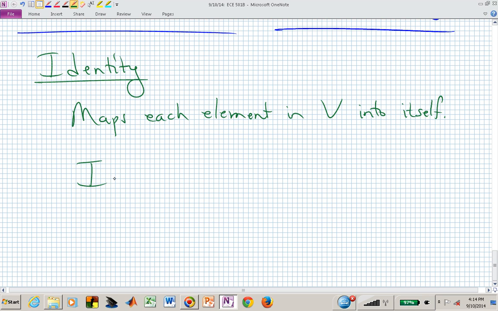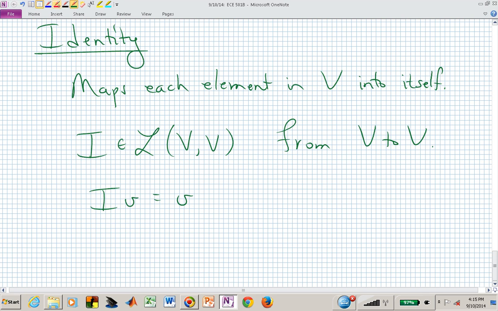Here we might say I is an element of all the linear maps from V to V, which really says it's from V to V, and we might denote that as I of V is equal to V. And that's a linear map, the identity map.